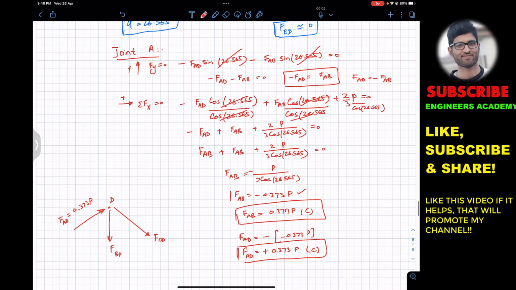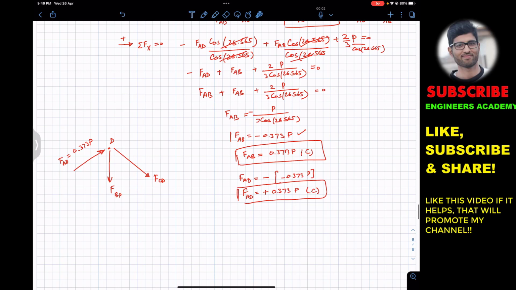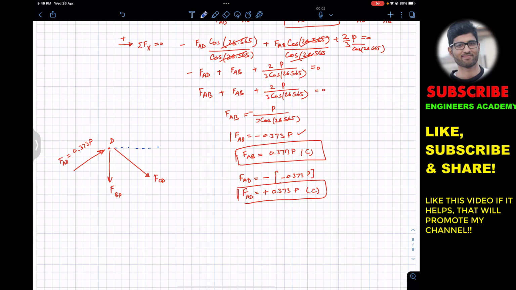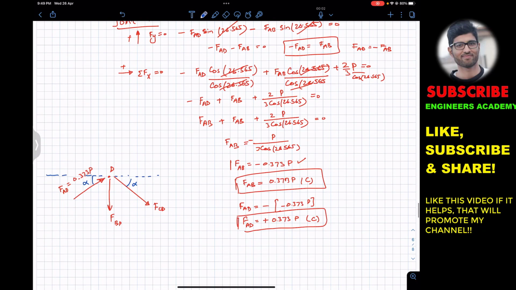Now we know the angle of FCD and the angle of FAB. If we know this angle alpha, so this FAD is going to make that same angle alpha here. And since we have that same triangle here as well, we will have that same angle alpha here, and we have that same angle alpha here as well. And that alpha angle is known, which is 26.565. From here, this is 26.565.